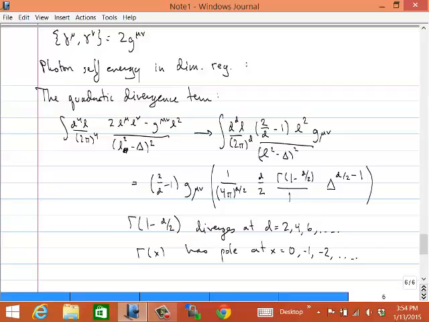And the fact that the integral of L² over L² minus Δ² diverges when the dimension d is equal to 2 reflects the fact that this is a quadratically divergent integral. But even though that gamma function diverges when d is equal to 2, the coefficient out front vanishes when d is equal to 2, and it cancels that divergence.